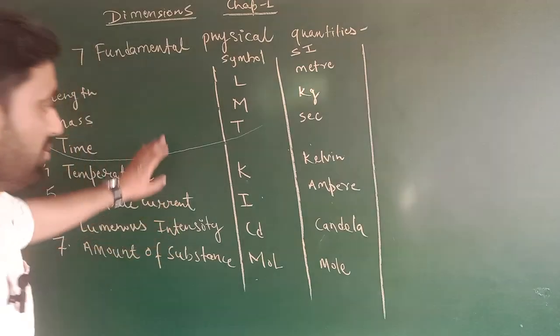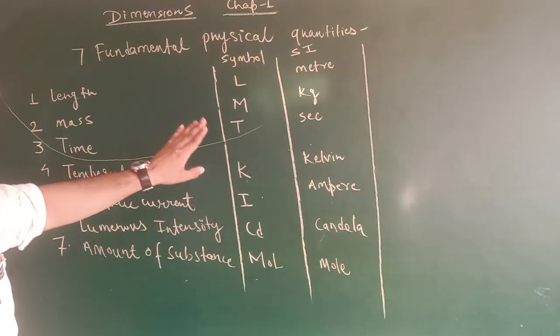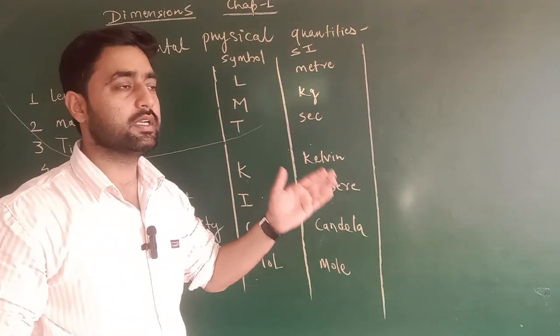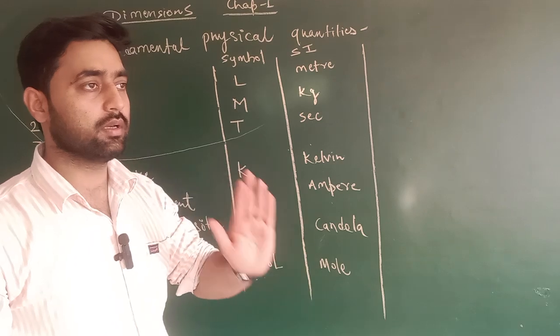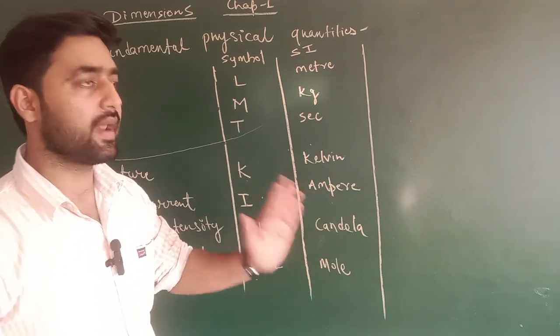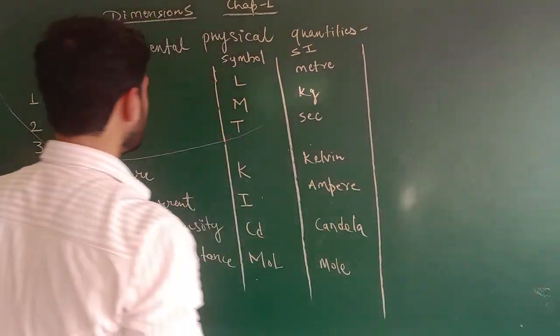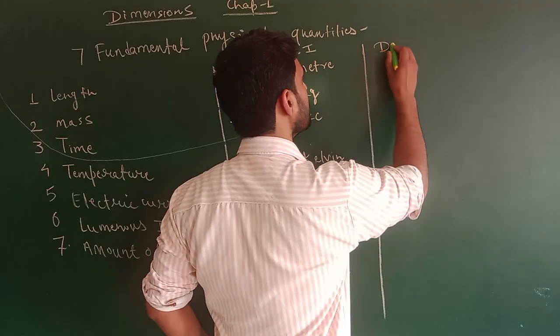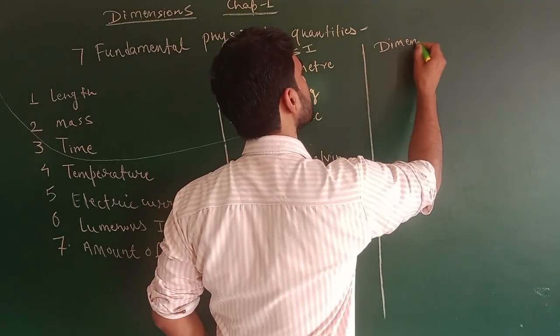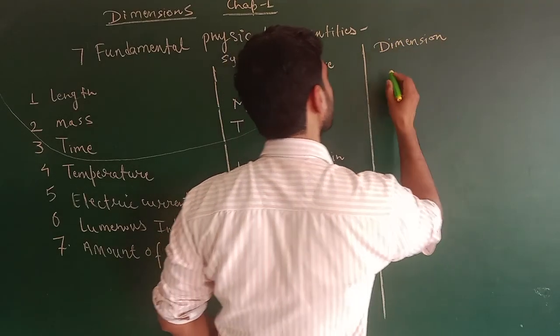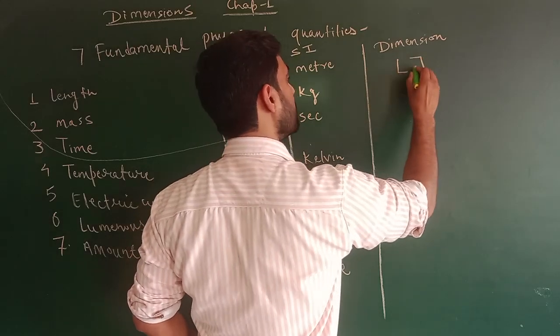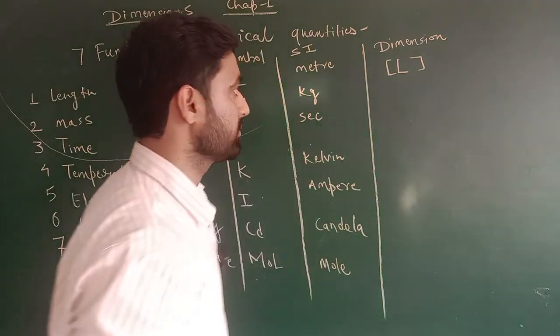Now I am writing the dimensional formula. In order to represent any physical quantity in its dimensional expression, we use a bracket. For length, we write capital L closed in a bracket.